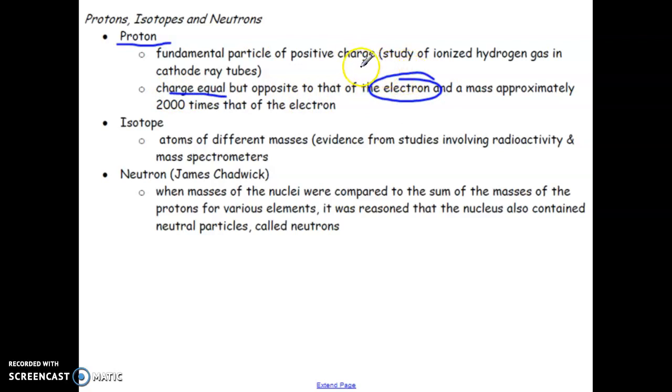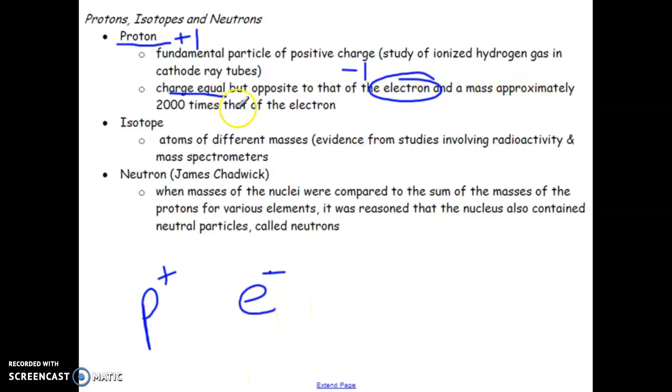So electrons are essentially deemed a -1 and protons a +1, but really it's just that they're equal in charge. The one is just an arbitrary number. So usually when we write our symbol for a proton, sometimes you'll see a lowercase p with a positive symbol, or for an electron, a lowercase e with a little negative superscript symbol.